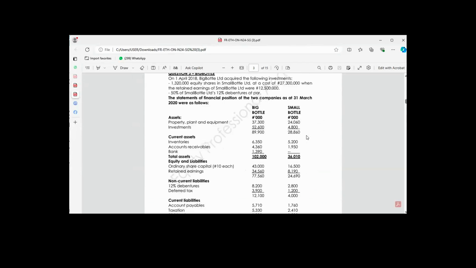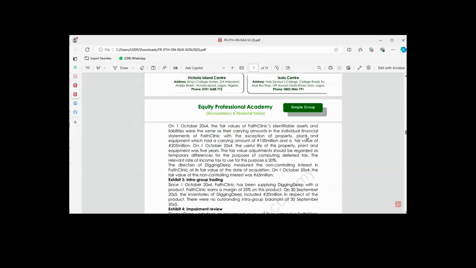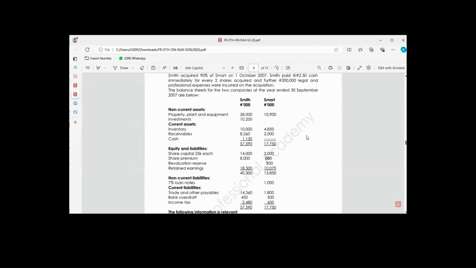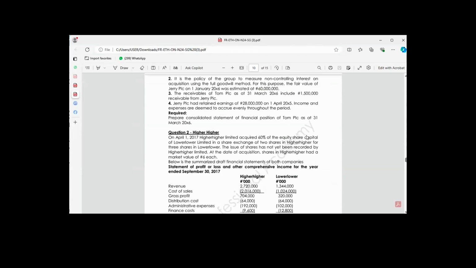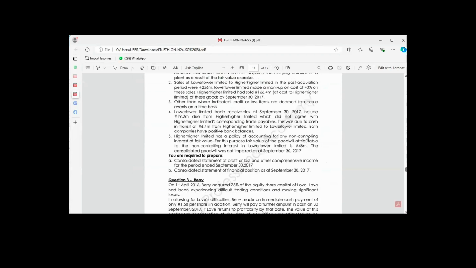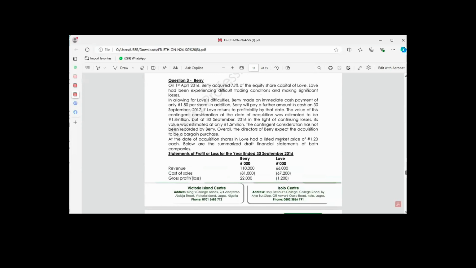Let me show you a question on multi-gen conjugation. Look at this now. On April 2016, Berry acquired 75% of equity share capital of Love. Love have been experiencing difficult trading conditions and making significant losses. In allowed for Love difficulties, Berry made a cash payment of 150 kobo per share.